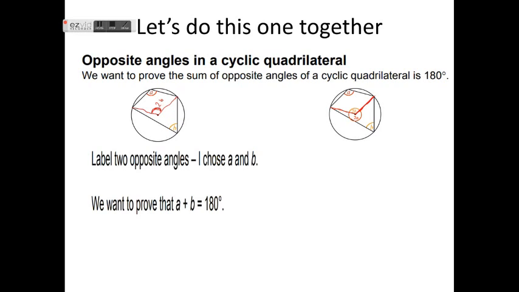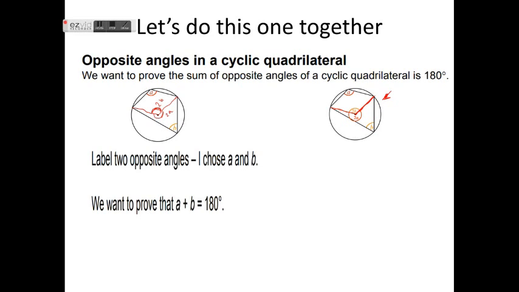If I know that this angle is B, the angle at the circumference, then the angle at the center is going to be 2B, and the same goes for A. If this bit here is A, then the angle at the center is going to be equal to 2A, which is what's done much nicer there in that one.